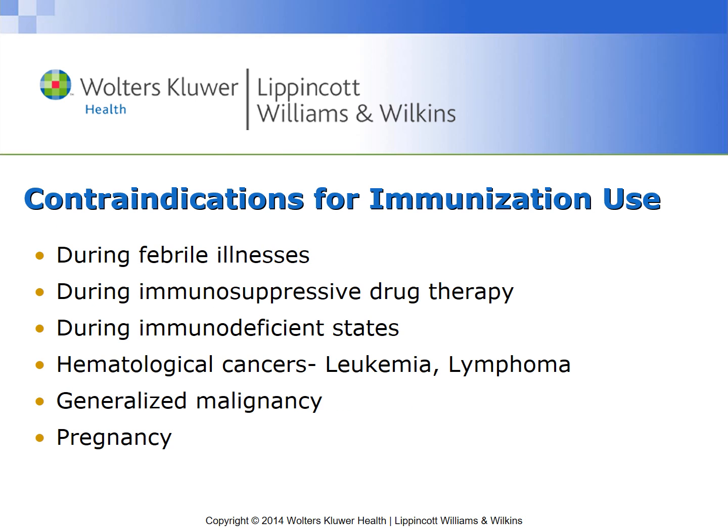Contraindications: we don't want to give immunizations if the patient's got a high fever, or during immunosuppressive therapy, or immunodeficient states, and certain cancers, or generalized malignancies of cancer, and then also pregnancy is avoided as well.